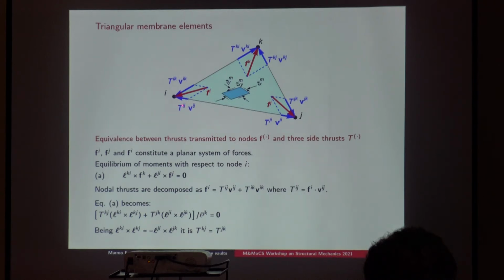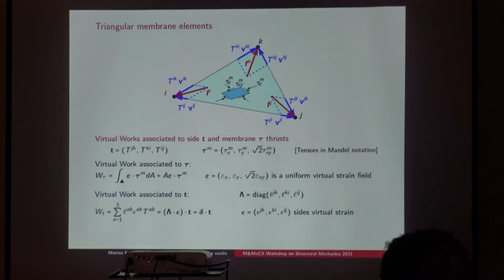So on each node, the component on one of the branches that converge to that node is equal and opposite to the same component on the other node. This can be verified by simple equilibrium equations representing the rotation about one of the nodes of the triangular element.